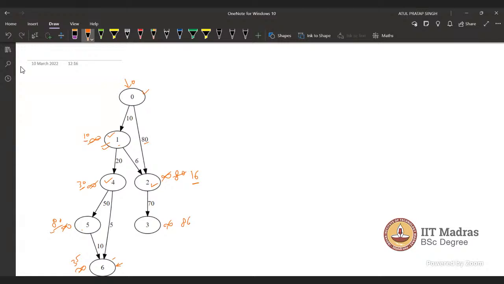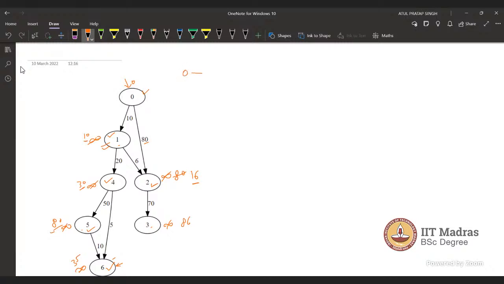Now it is also visited, and one node remains, 86. So we select it. We cannot move anywhere from node 3, there are no neighbors, so there will be no change. Finally, these last updated values represent the shortest path from the source node.